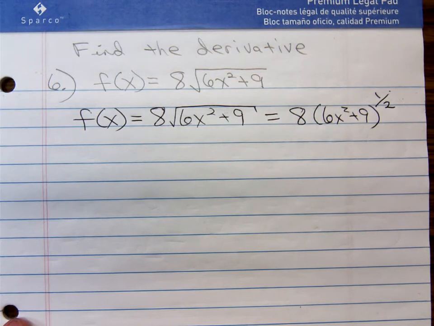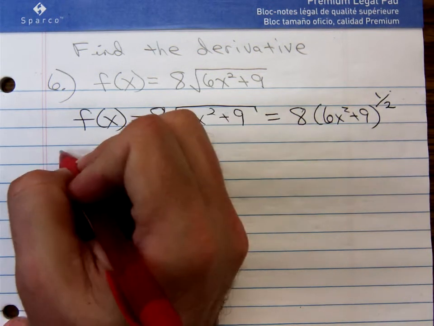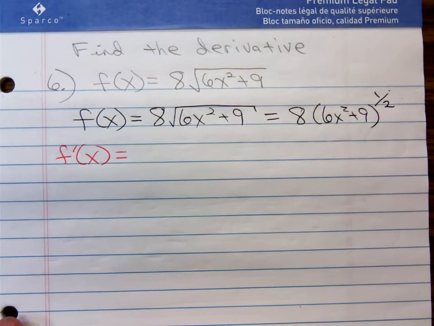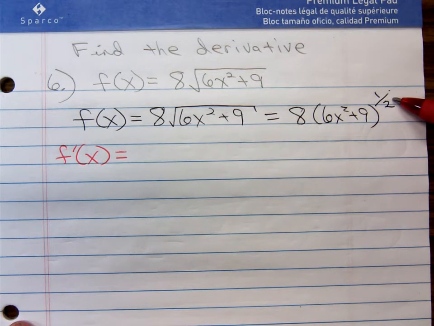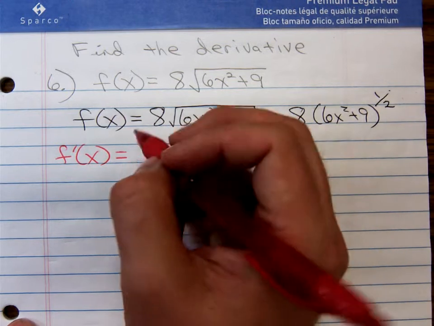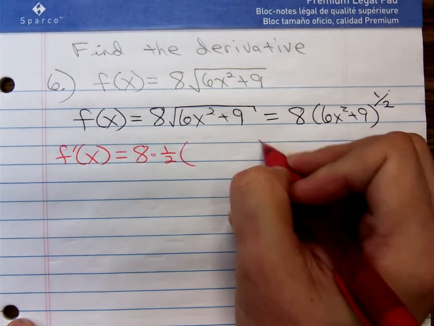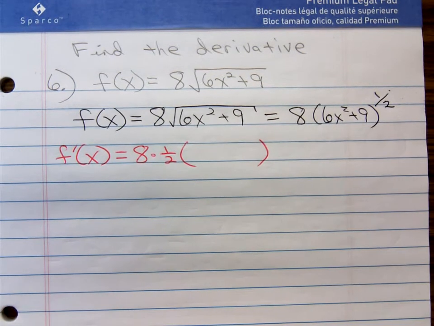I'll do the differentiation in red. F prime of x is equal to, you differentiate the outer function first, that power function. What do you do with the 1/2? Times it by 8. So you have 8 times 1/2. The inside stays as it is, 6x squared plus 9.